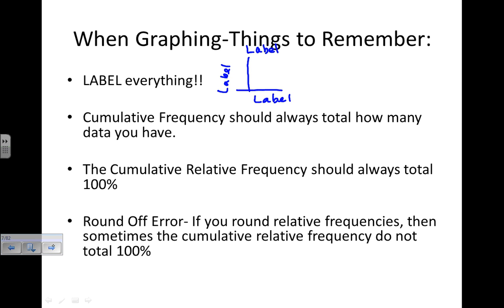So if you're accumulating things, at the very end, that should be your overall total. Cumulative relative frequency should always give you 100%, unless you're doing a round-off error. If you round relative frequencies, then sometimes the cumulative relative frequency could add up to like 99%. So it just kind of depends on how you rounded, but if you didn't round, it would always be 100%.